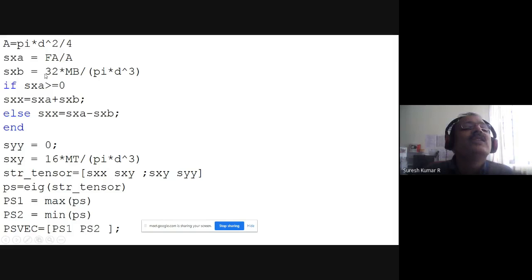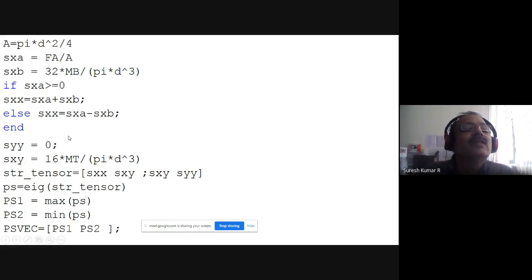And bending stress sigma B, we have given the equation M by Z, but in this problem it is not there, it is 0. If the axial stress is tensile, then the total stress will be the sum of these two. If it is compressive, then it is minus and plus.